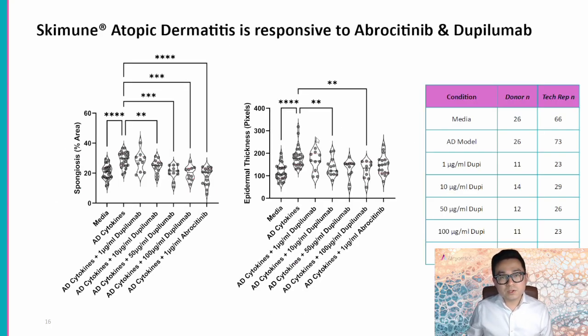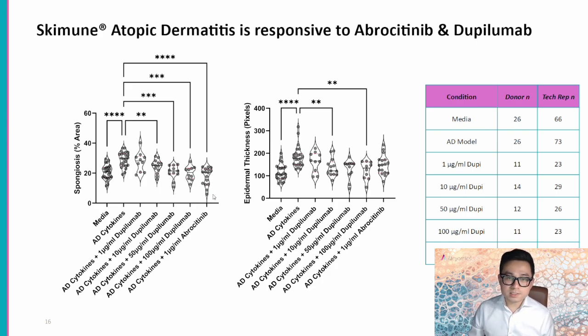Here, we show data across a dose range for dupilumab and a single dose for abrocitinib. On the left, we have spongiosis, and on the right, we have epidermal thickness. For spongiosis, media controls show a baseline quantification of 20% spongiosis, increasing to 30% on average with AD induction. With dupilumab, we see a dose-dependent decrease in spongiosis back to close to baseline at around 50 micrograms per mL.